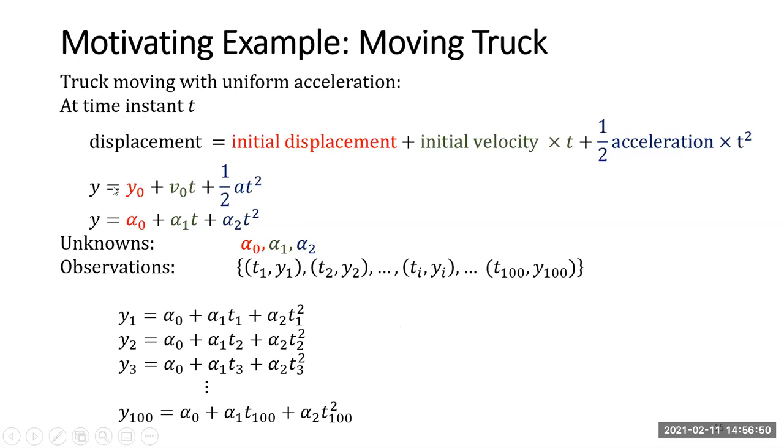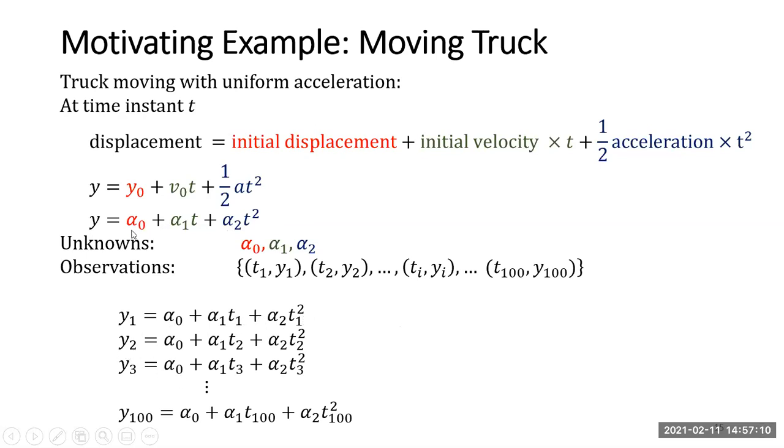So this expression, for each of these sample observations, T1 Y1, T2 Y2, Ti Yi until T100 Y100, we can write in this manner. Y1 equals alpha naught plus alpha 1 T1 plus alpha 2 T1 squared.